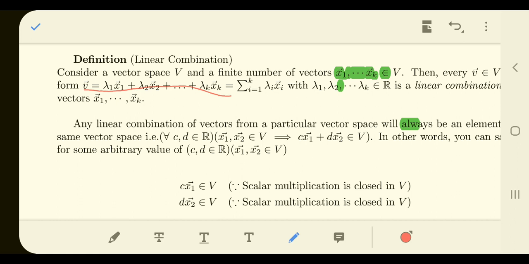So V, x1, x2, up to xk are all in the same set, and somehow you found that V can be written as a linear combination of these vectors. Then we say that the set of vectors is linearly dependent. So that's the idea.